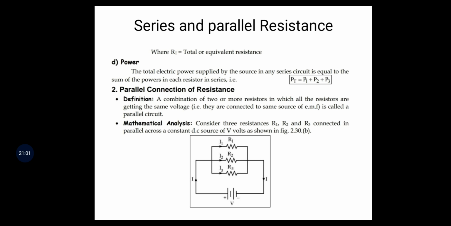Here we consider three resistors R1, R2 and R3 connected in parallel across a constant DC source of V volts. Then the current is I, which is divided into three parts, I1, I2, I3, but the voltage is constant.